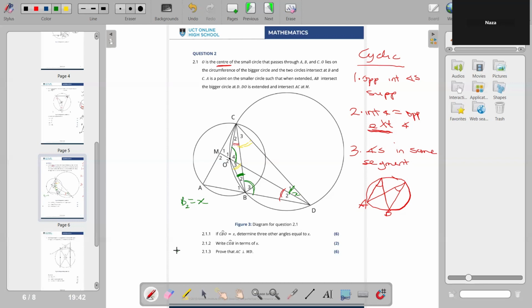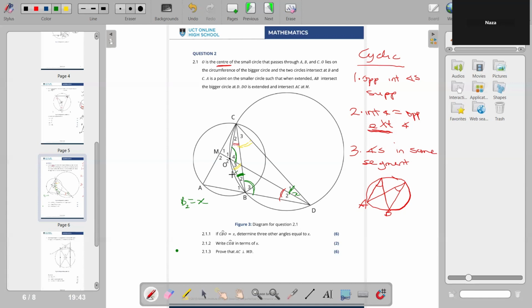Can I say I'm not sure about this one? Which one? That angle B2 is equal to angle C2. Why are you saying that? Because OC is the radius of the small circle as well as OB.